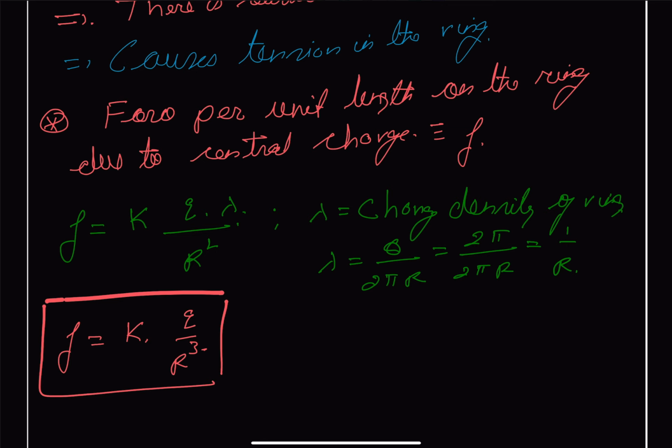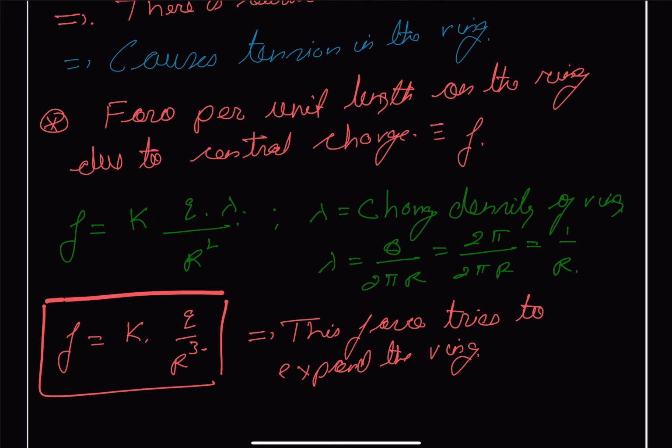And now this force will be generating an electrostatic pressure, or it will try to expand the ring. So you can say this force tries to expand the ring, okay.